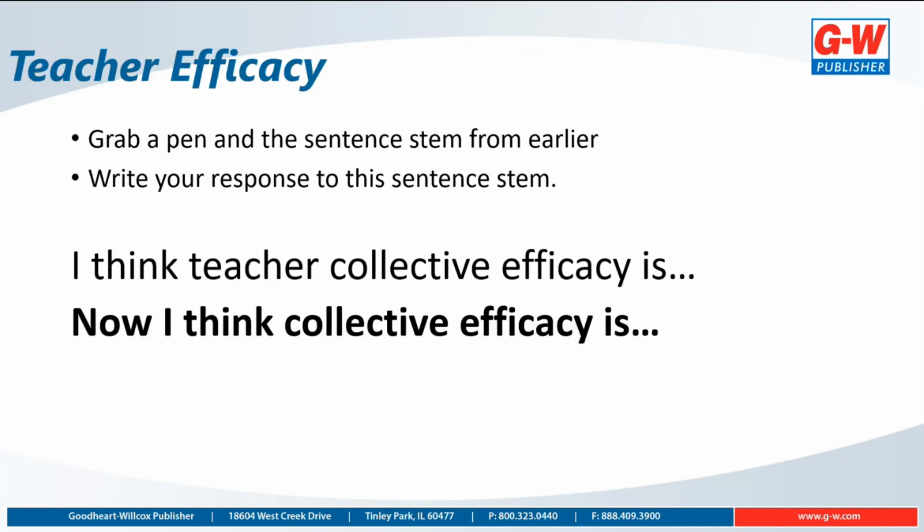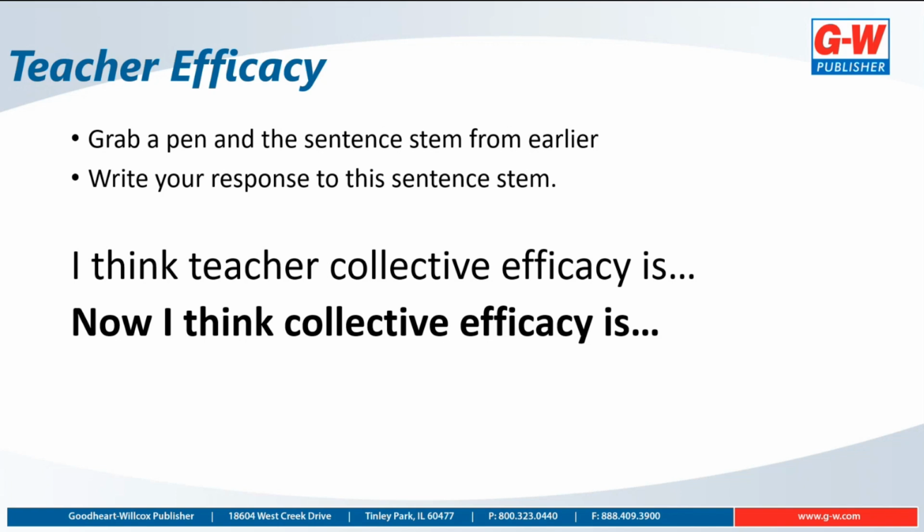All right, so let's grab that sheet from the beginning where I said, write the sentence stem down and complete the sentence where I think this collective efficacy is, and you finish the sentence. So now after we've talked about these 4 key components, we've talked about some actual strategies that you can use, like keeping notes in those meetings, like having student instructor critiques, like team building, like aligning our work.